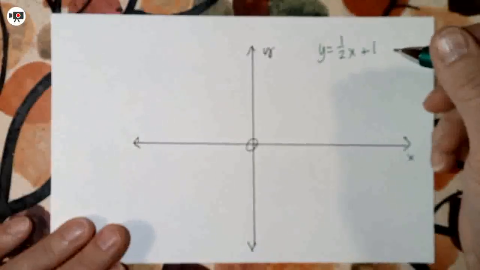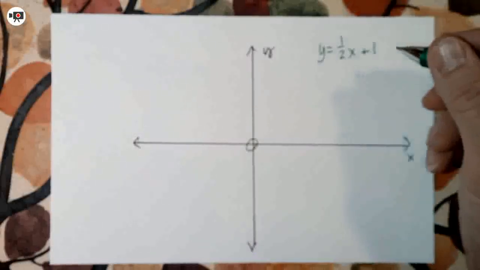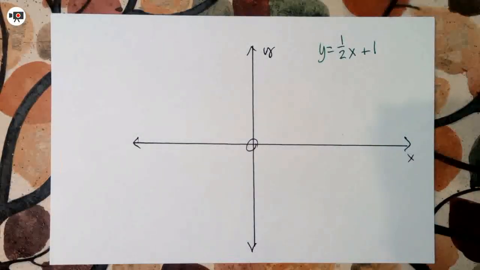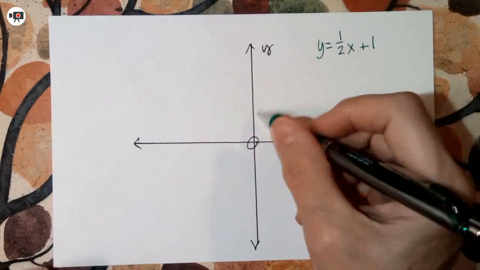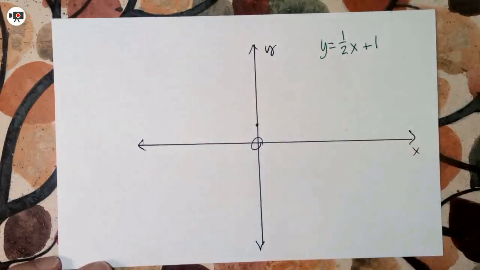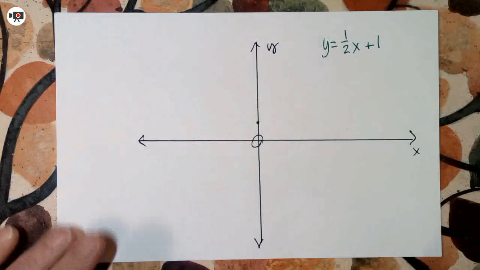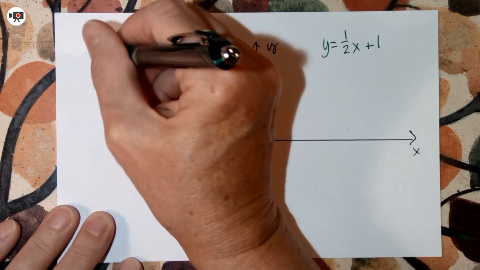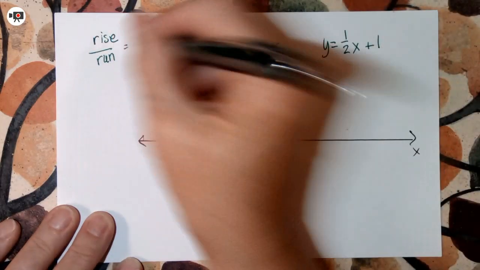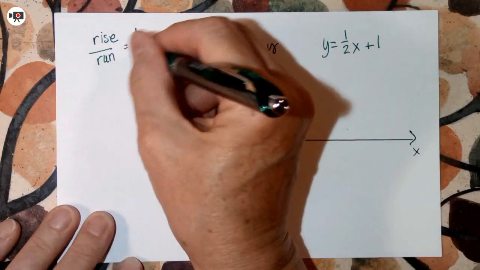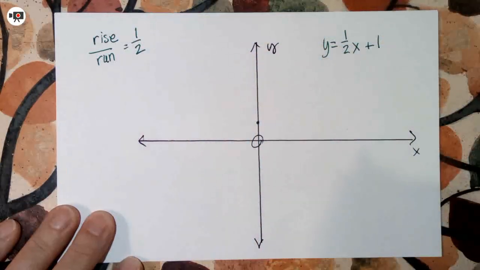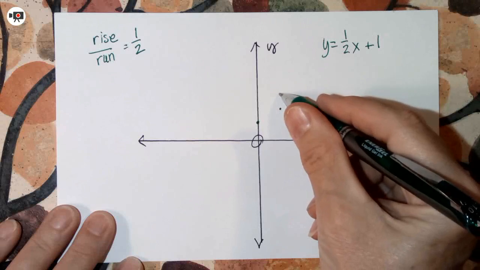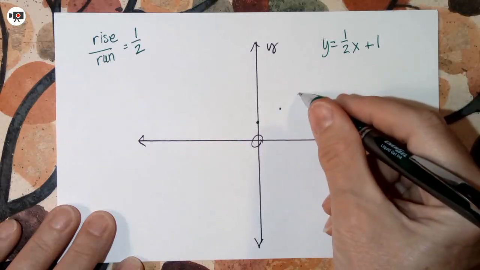So the easiest way to graph it from that would be, well, start at the intercept. There's 1, we'll say. And then the slope is going to be, remember, slope is rise over run. And so that would be a slope of 1/2, rise 1, run 2. Rise 1, run 2.